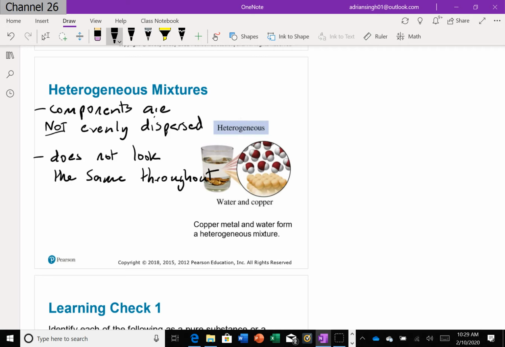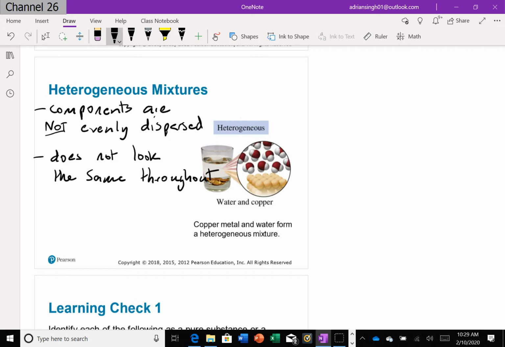All right, and as an example here, we have a glass of water, and then we have some copper in it, right? So if you put some copper in there, the copper does not get evenly dispersed throughout that entire sample. The top half of it would have way more water than the bottom half of it, where the copper is. So the distribution of the components is not the same throughout the entire sample.